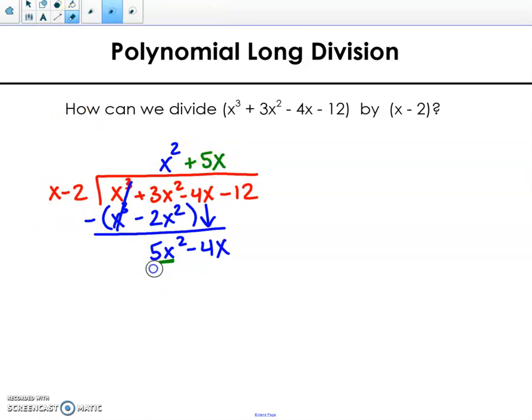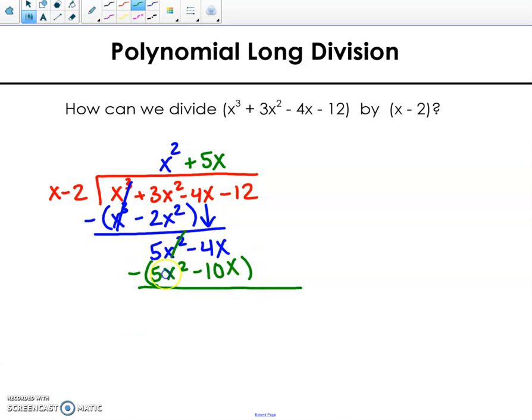Okay, and then again, we're just going to multiply the 5x from the top to the side, so that's going to be 5x squared minus 10x, and then we'll subtract it. 5x squared minus 5x squared is going to cancel out. Negative 4x minus a negative 10x, again that becomes plus 10x, so that's going to give us 6x.